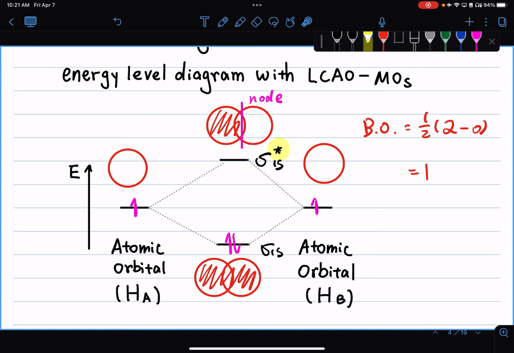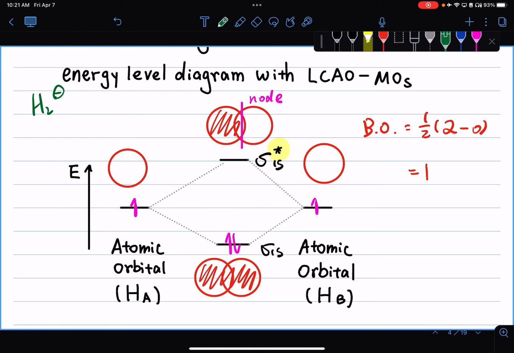So for example, we're using H2 here since we already have the correlation diagram. Let's imagine a hypothetical molecule of H2 minus. And now in total, we have 3 electrons. We need to populate one anti-bonding molecular orbital. As a result of populating that anti-bonding molecular orbital, let me just use a different color so we don't mess it up.